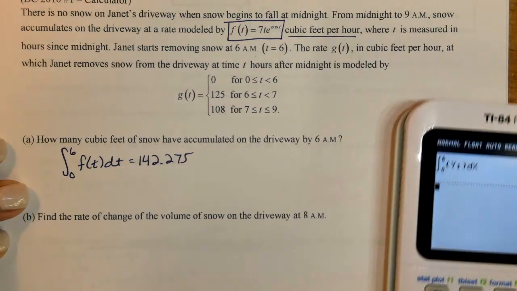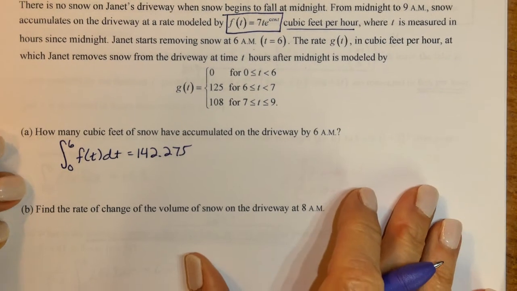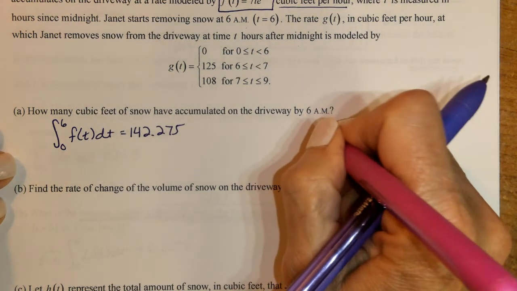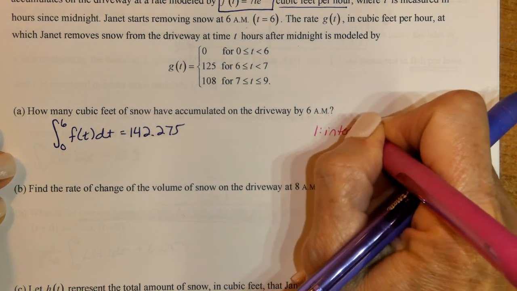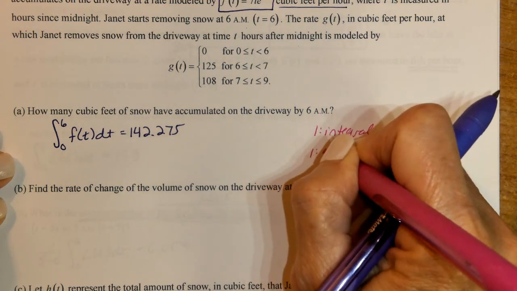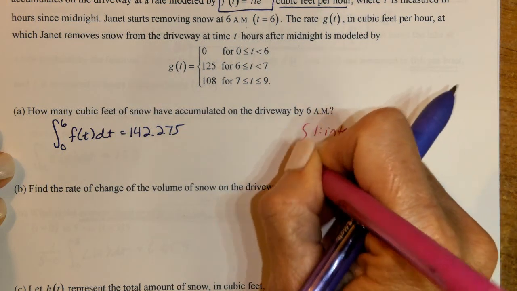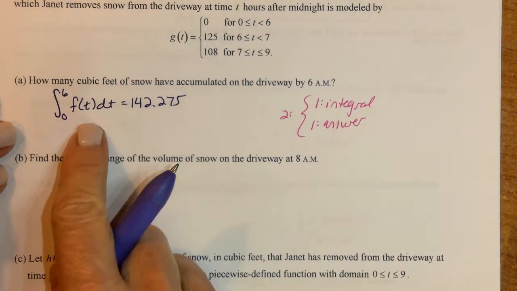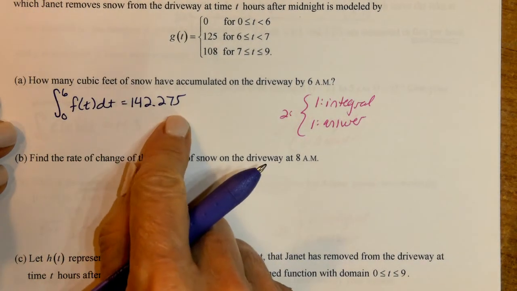Do we need units? Nope. They didn't ask for units, so that's it. That was worth 2 points. 1 point for the integral, 1 point for the answer. An easy 2 points. The integral of the rate in gives you the amount in.